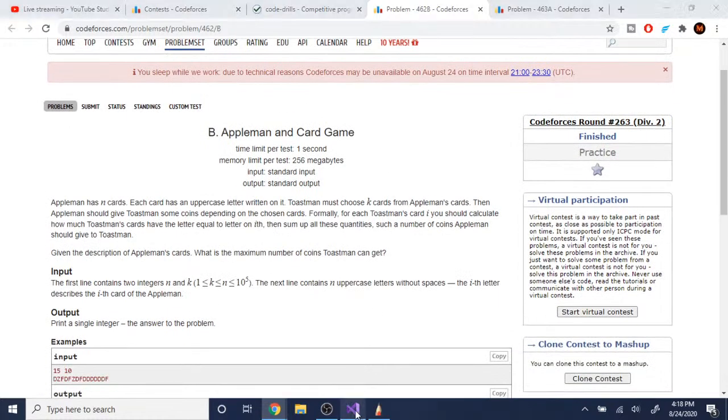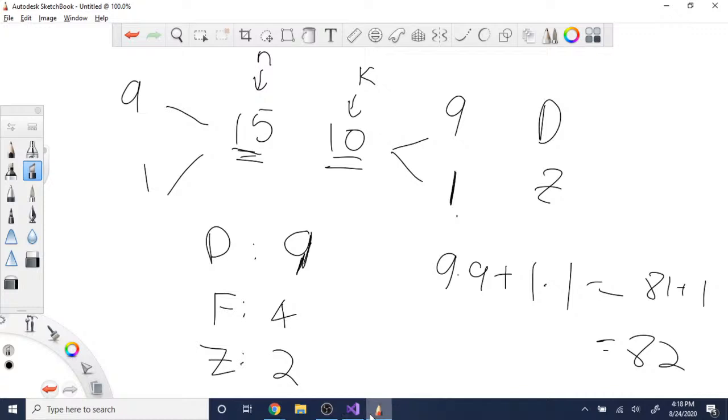I have an idea how you would do it. You would keep track of the occurrence of each letter or character as you go through your string.